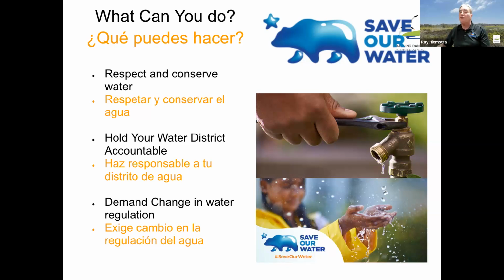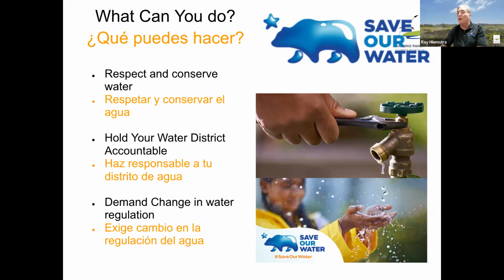And then demand change in water regulation. One of the biggest problems, you hear things about water shortages and this and that, and agriculture versus fisheries and drinking water. It's really our regulations that are in bad shape. There's an old law called the Law of the West.